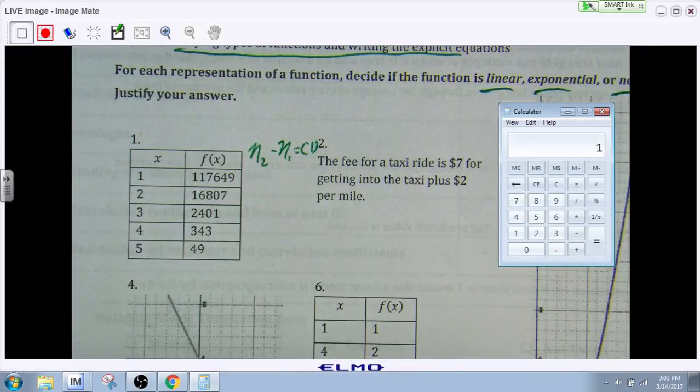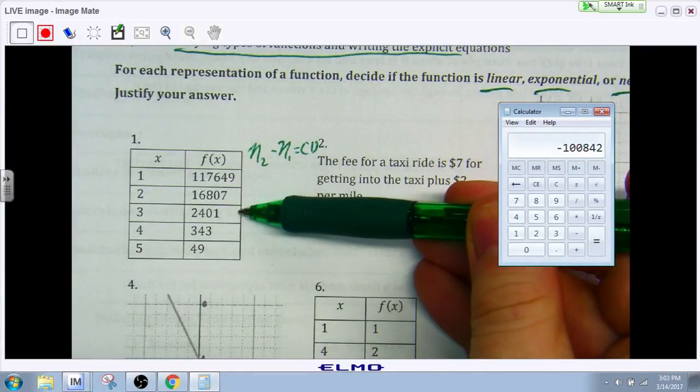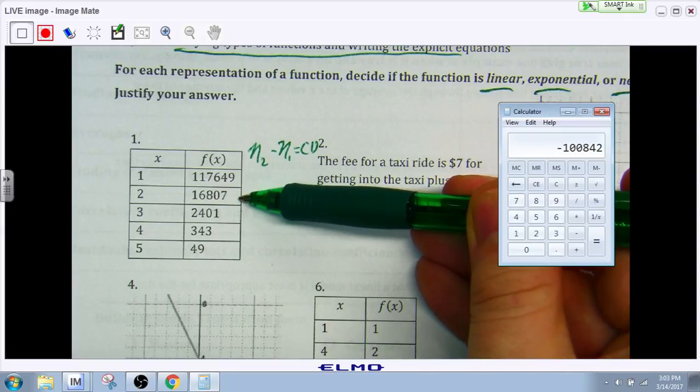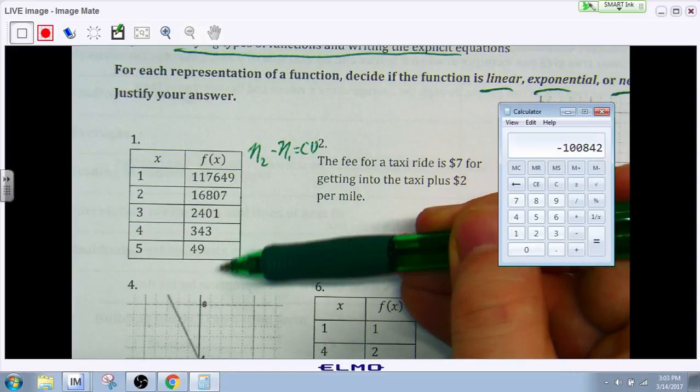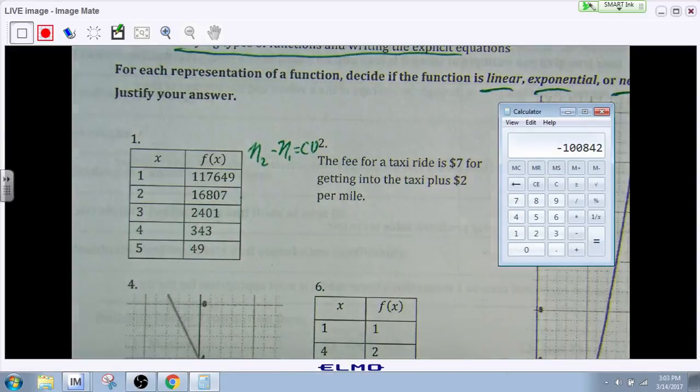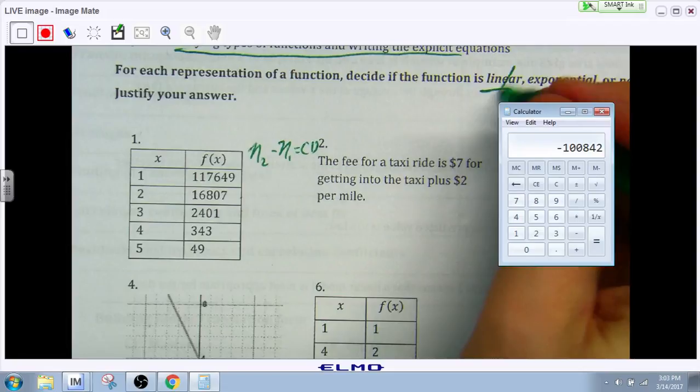My n sub 2 is 16,807, and if I subtract the previous term, which is 117,649, I get negative 100,000. Okay, sure. Now, do I subtract that number from the third term here? Of course not. If I subtracted negative 100,000 from 16,000, I'd end up with a negative number. So clearly I'm not adding or subtracting the same number each time, so I know that this is not going to be linear.